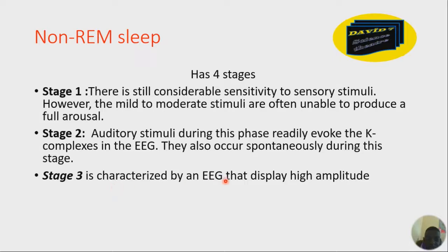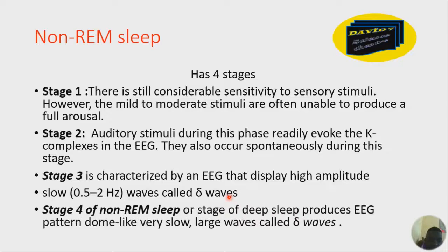Stage 3 is characterized by an EEG that displays high amplitude. Okay, I'm just talking about the four stages, and it is slow. These high amplitude waves are very slow, with a frequency of 0.5 to 2 Hz, and they are called delta waves.